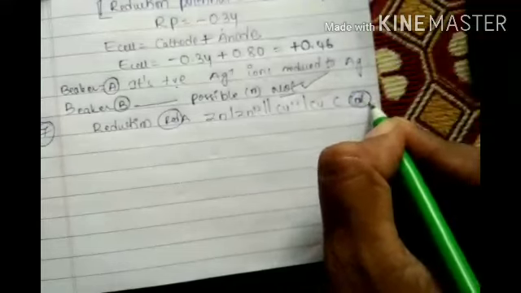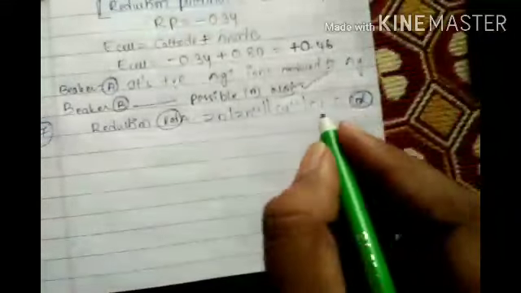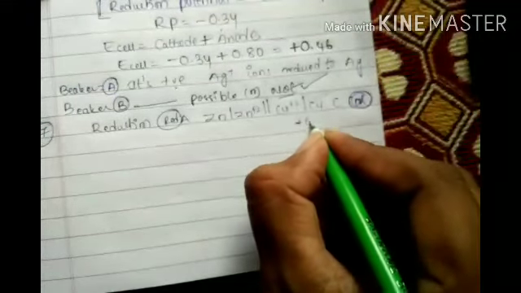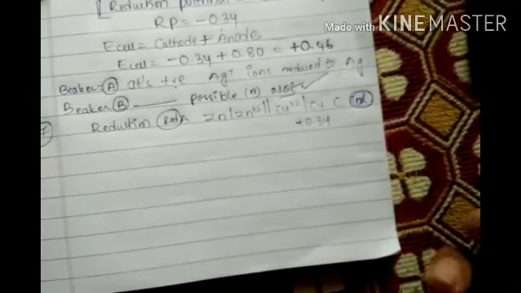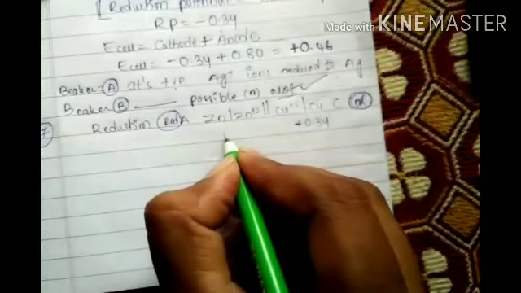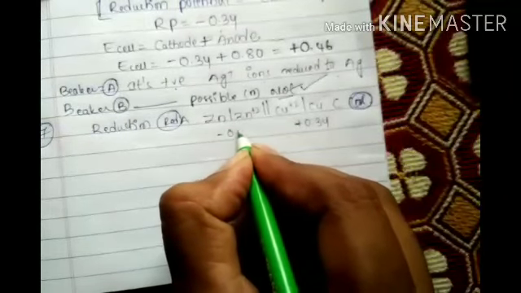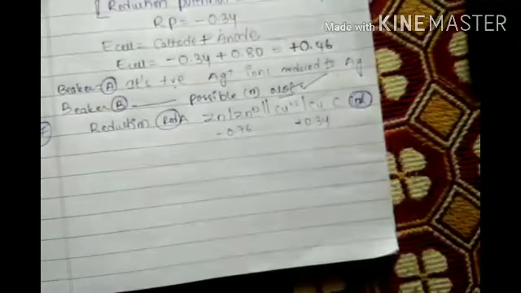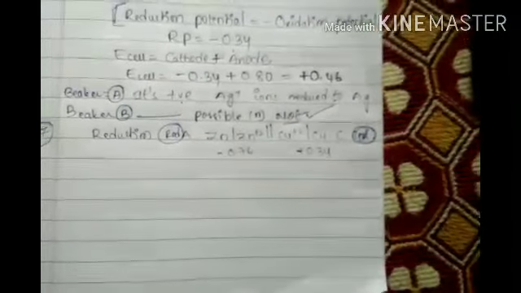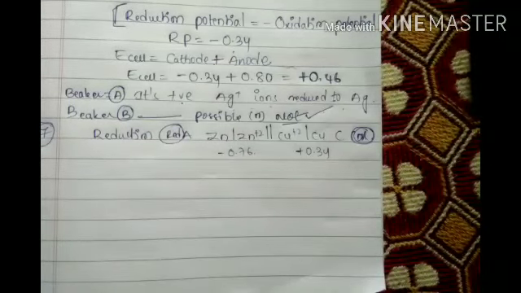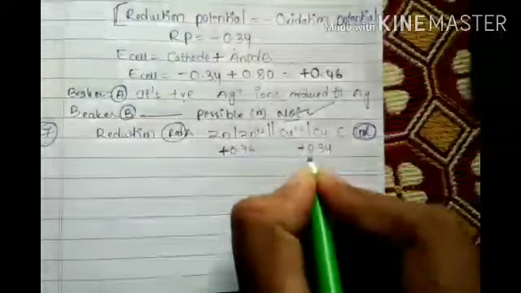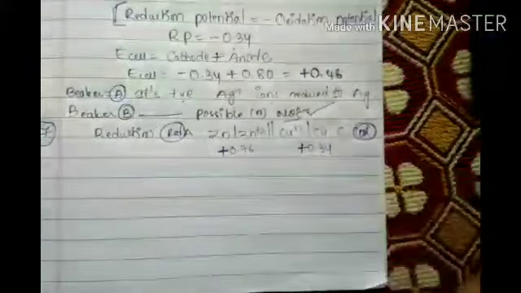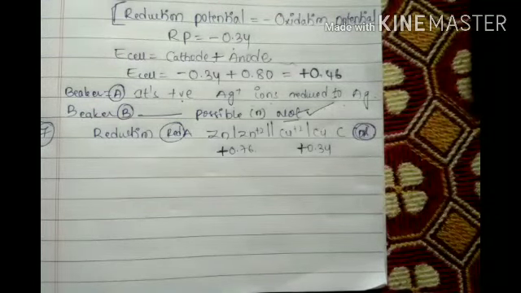Oxidation is here, so copper is plus 0.34 and reduction is minus 0.76. Sorry, plus only. In the question plus only they gave, here also plus only. Now first of all we have to do reduction potential.